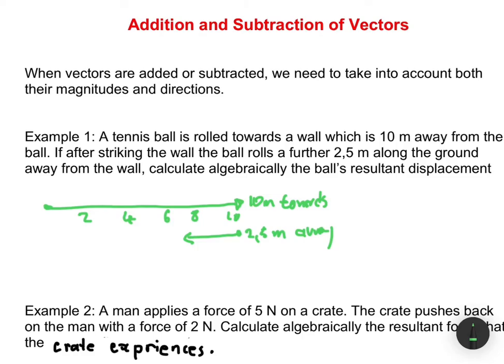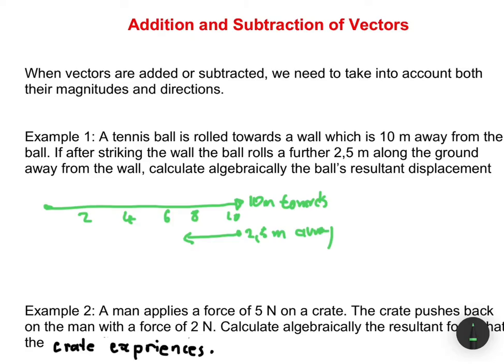So now we can see clearly that we have two vectors that are pointing in opposite directions. We need to decide which direction we're taking as positive and which direction we're taking as negative. So let's take the direction towards the wall as positive and the direction away from the wall as negative.